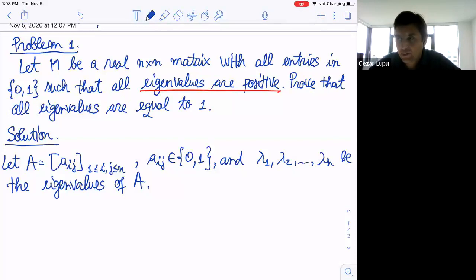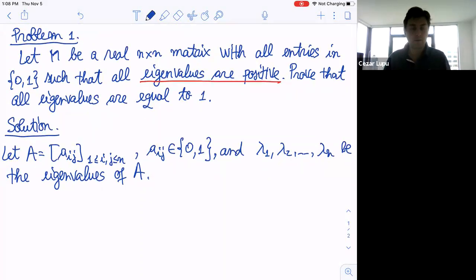What is that special thing that you need to do? It's by taking the trace, right? You know that the trace is the sum of the elements on the main diagonal, but the trace is also the sum of the eigenvalues.